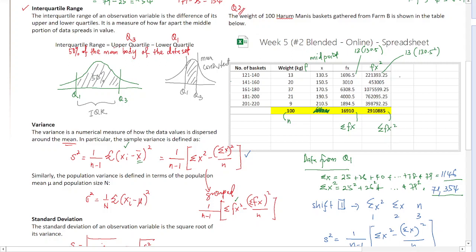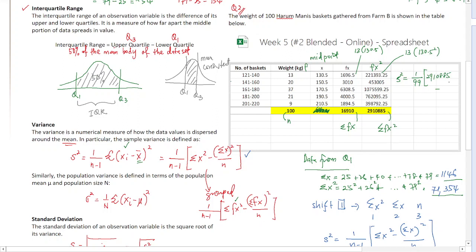So the formula says that s squared is just equal to 1 over n, n minus 1. So that means 99. And then multiply with, this value is 291.0885, and then minus, you have summation of fx divided by n.